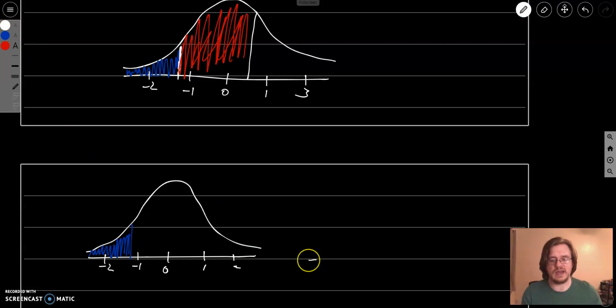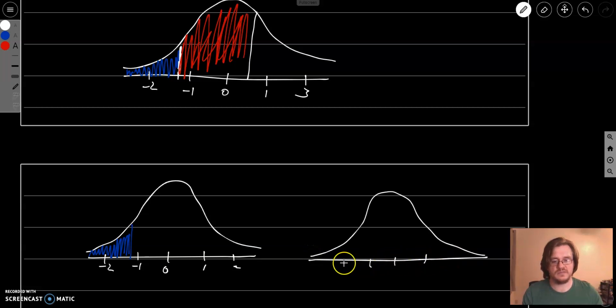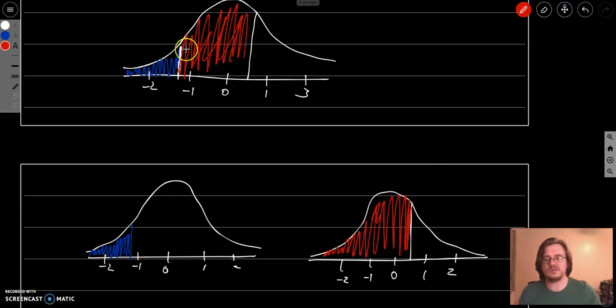And when we look at what's in red, I'm going to draw this in a slightly different way as well. So we've got 0, 1, 2, -1, and -2. We're at 0.5. If I draw all of this in red, everything to the left of this, we'll see that in order to calculate this red area up here, it's going to be everything in here, but we're going to take away that little tail. We're going to remove it.